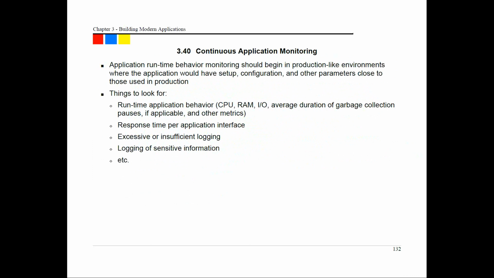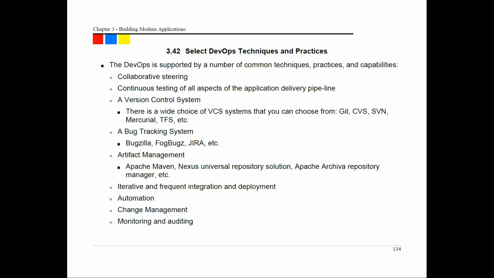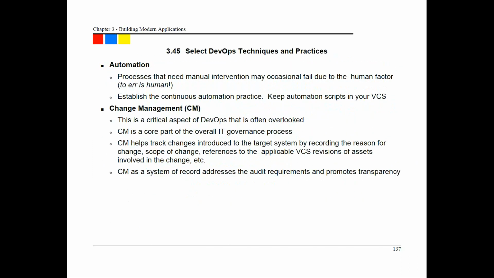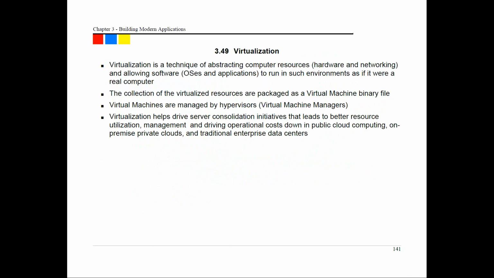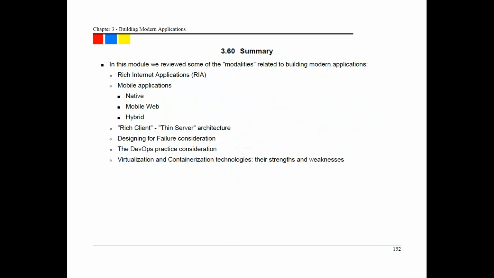So what we have to do is monitor the applications and have live monitoring of how the application's running, in terms of response times and volumes through it, etc. Standing up DevOps, you can probably look through. And containerization is a technical discussion that I'm going to leave for now.